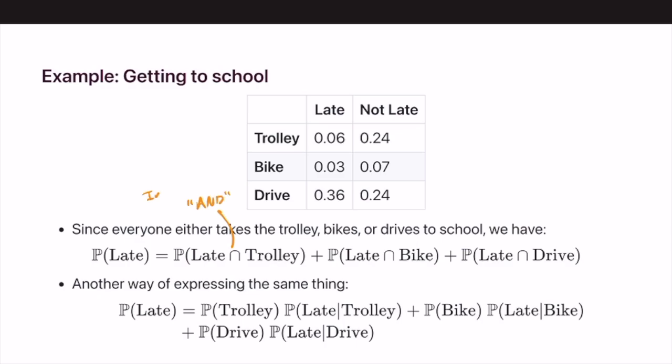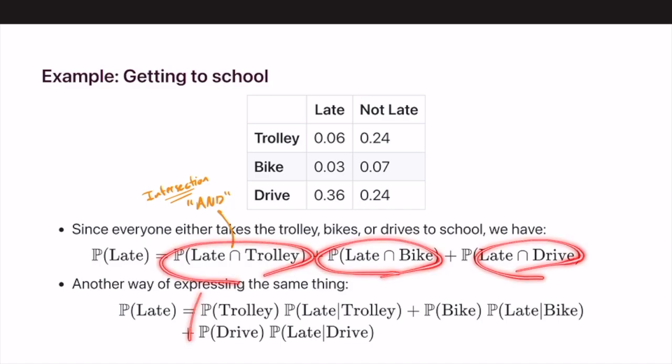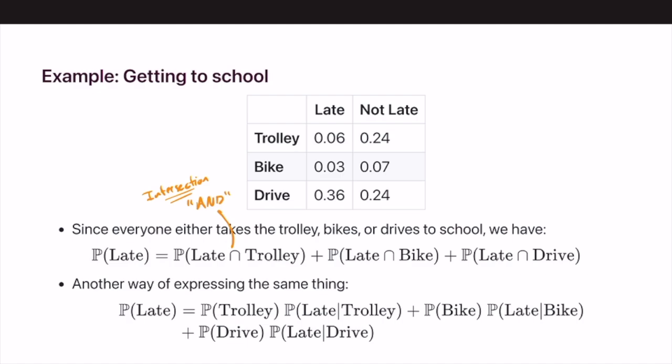It also is the intersection. Because everybody either takes the trolley, bike, or drives to school, we can express the probability of being late as the probability of each individual event happening: the probability of being late given every individual mode of transportation.